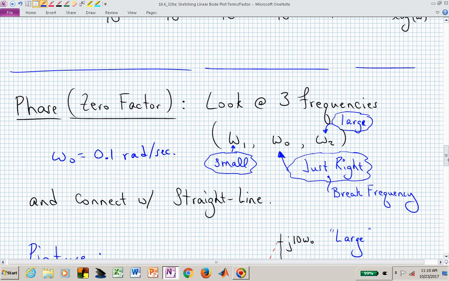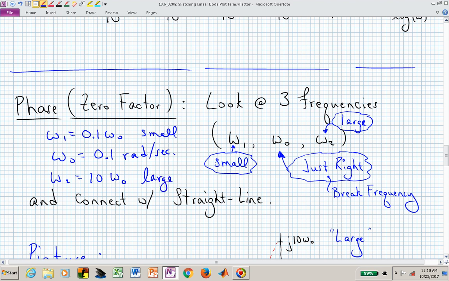The small frequency, omega 1, is now a tenth of omega naught, and the large frequency is a decade above, or 10 omega naught.